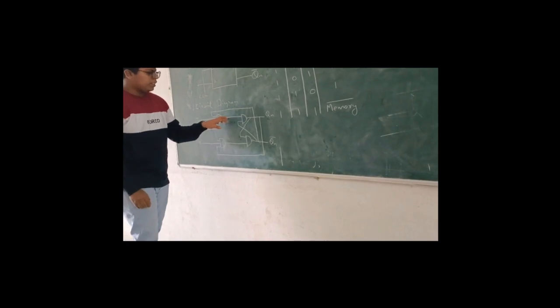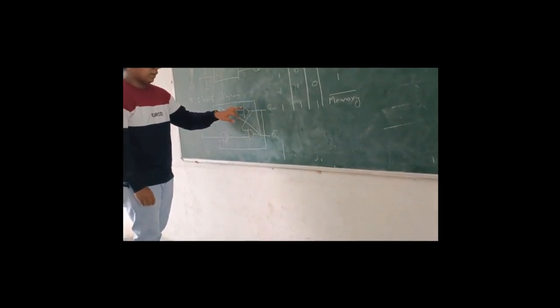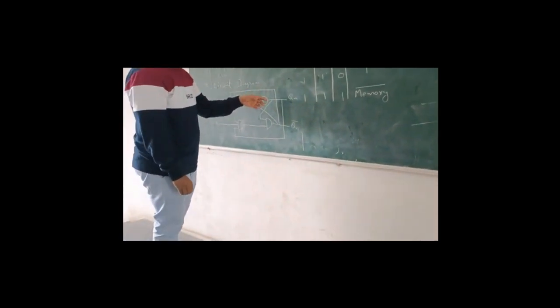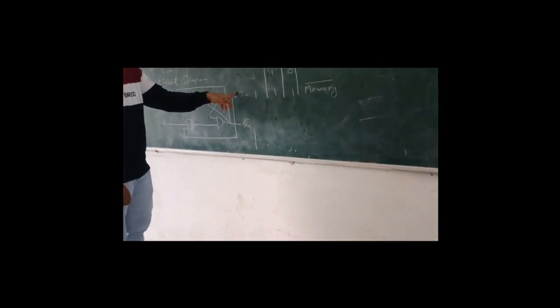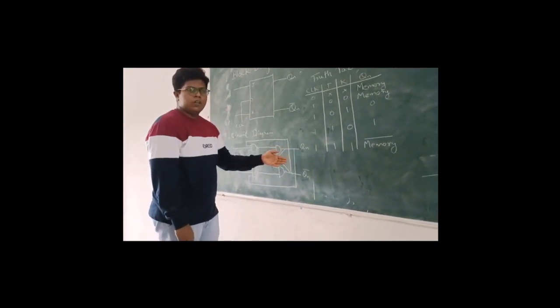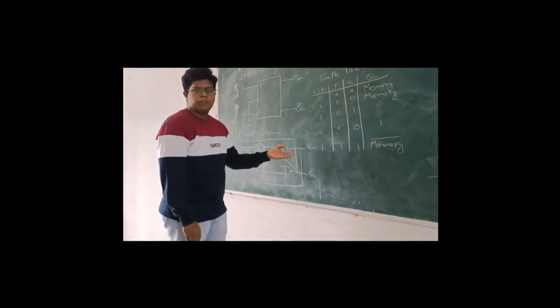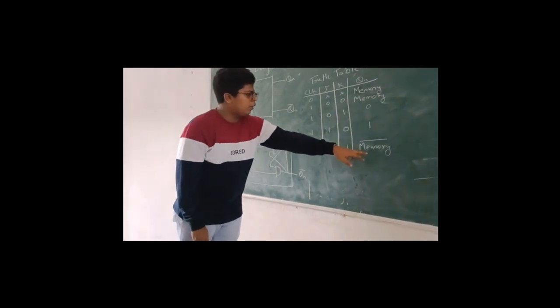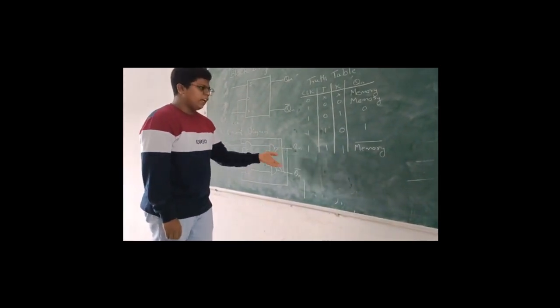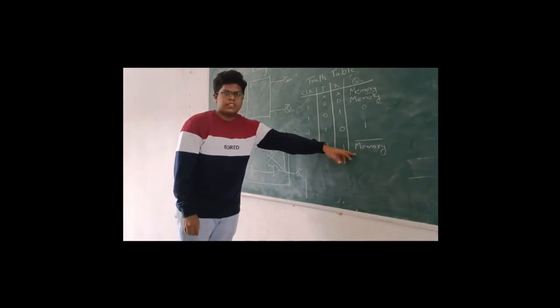If this 0 is the input for the next NAND gate, anything into 0 will be 1. So we are getting the output of Q1 as 1, but we had assumed it as 0. So we are getting the complemented form. So we are getting the memory.